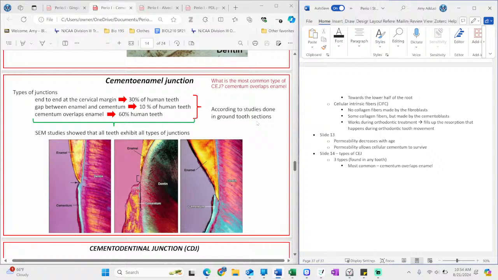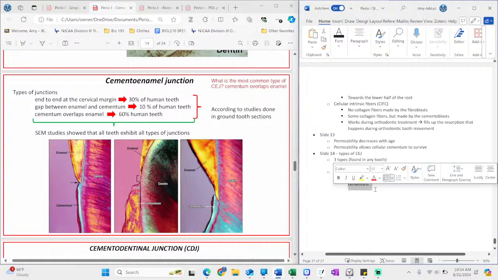To protect dentin, because it's the sensitive tissue, right? So in the most common cemento-enamel junction, dentin is protected by enamel, and on top of that, protected by cementum. It's double protection for dentin. And that corresponds to around 60% of the periphery of the tooth.